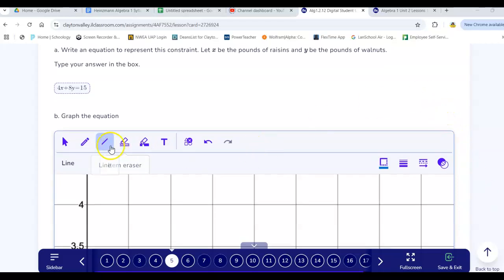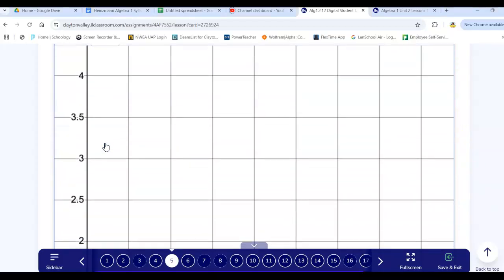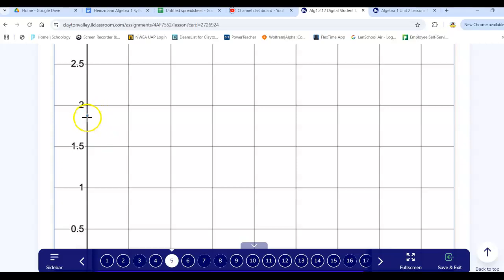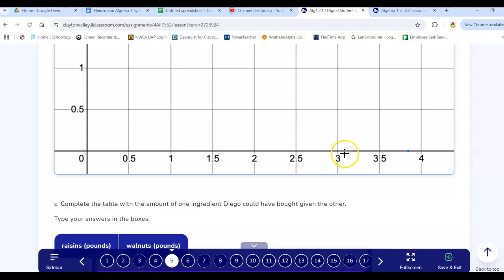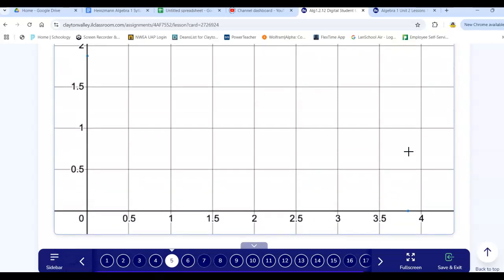I clicked on the line tool and they say that all you have to do is click on one point and click on the other point and supposedly it'll draw a line. I don't see it doing that. Maybe I have to be the one to connect the two myself. There you have it. So there's our line.